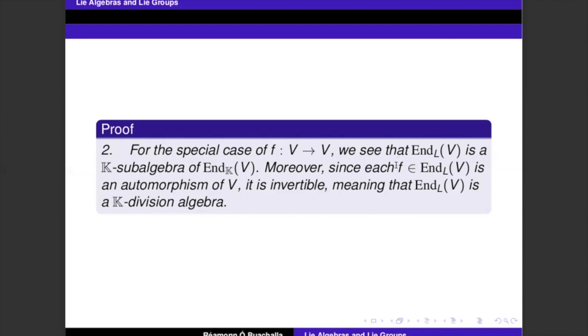Now, every non-zero f that lives inside here is an automorphism of V. Remember in the last step, we showed that every map from V to W was either 0 or an isomorphism. Well, if we let V equal W, then this still, of course, holds. This is just a special case. And in that case, it means that every non-zero map from V to V is actually an automorphism.